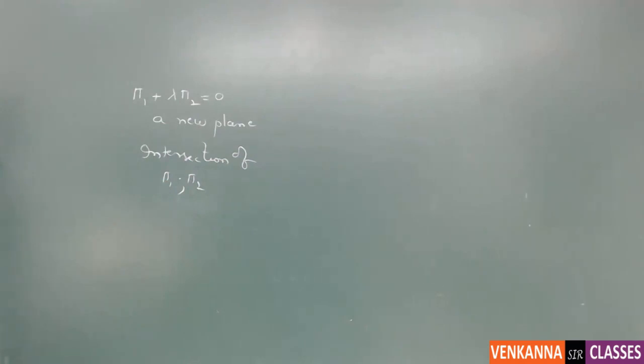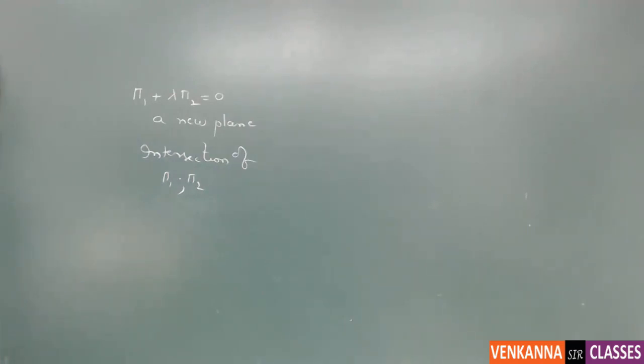So this is a condition to calculate a new plane equation. That new plane passes through the intersection of pi 1 and pi 2, which is nothing but a line. Clear? If you fulfill the condition, you are going to get a first degree equation in x, y, z. You are getting a new plane equation.